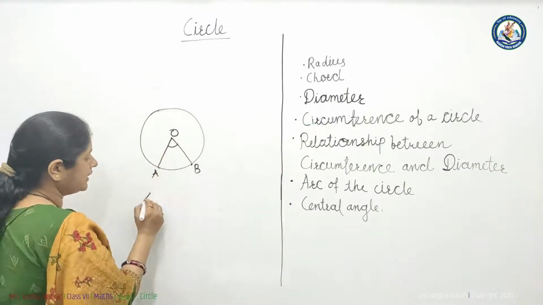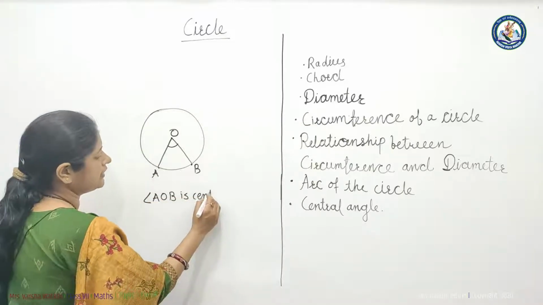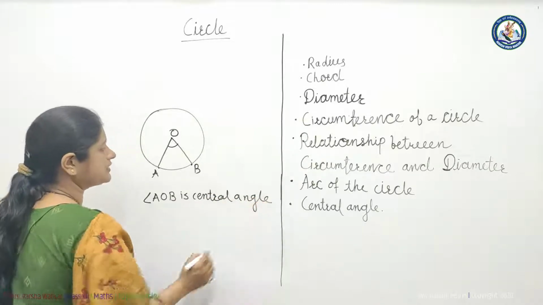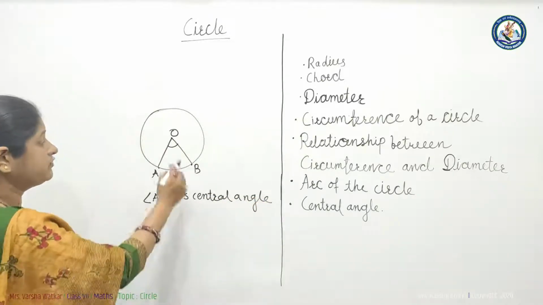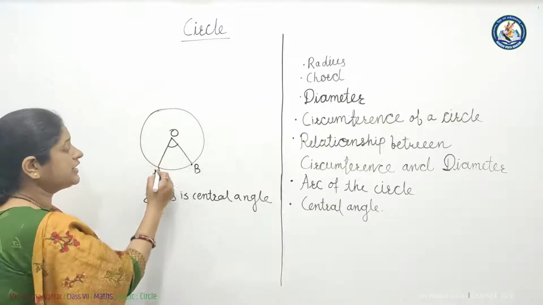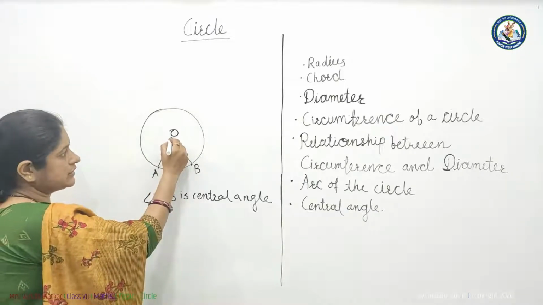This angle AOB is a central angle. Why is it a central angle? Because its vertex, what is the vertex of this angle AOB? O. The vertex is the center of the circle.